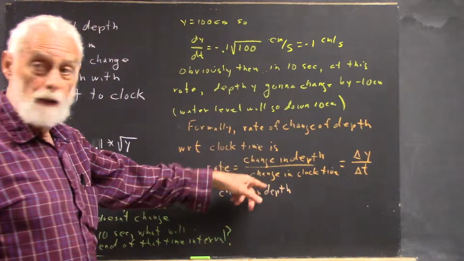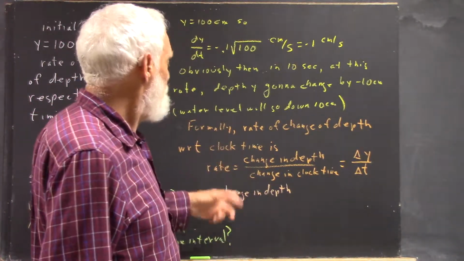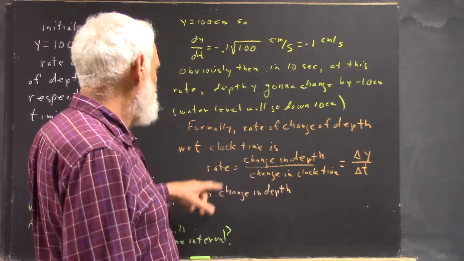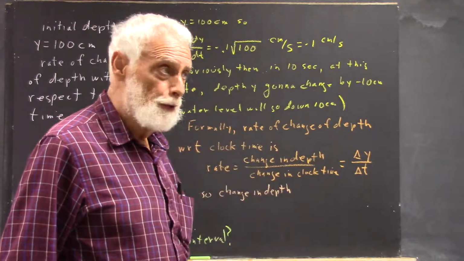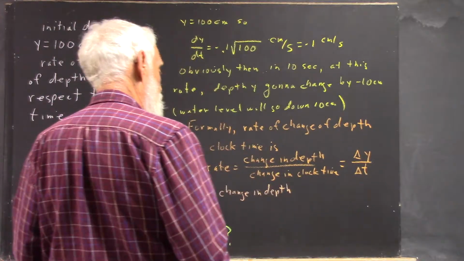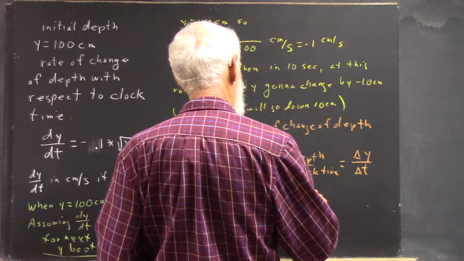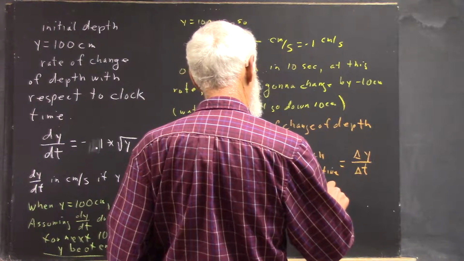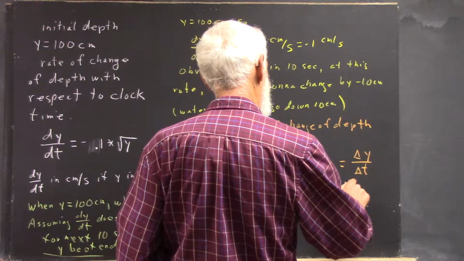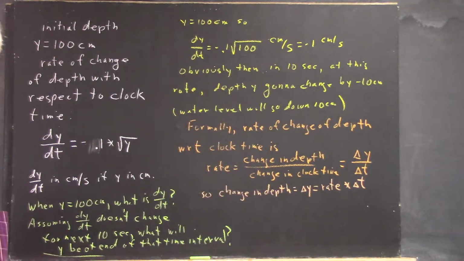it follows immediately from this that the change in depth, well, you multiply both sides of rate equals delta y over delta t by delta t, and you find that the change in depth, the delta y, is the rate times delta t, right?